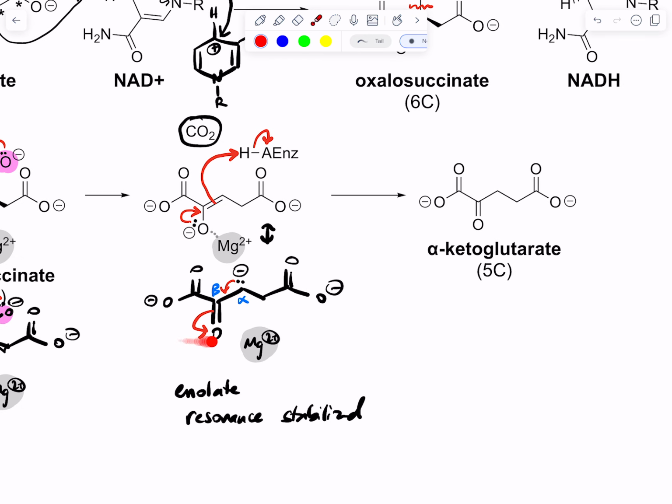Alternatively, if you were going to use this resonance structure, you would simply draw an arrow from the lone pair on the alpha carbon to the hydrogen. Either one is okay. And that gives you alpha ketoglutarate. All right, good.